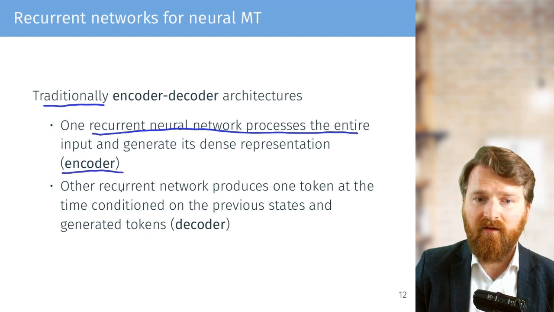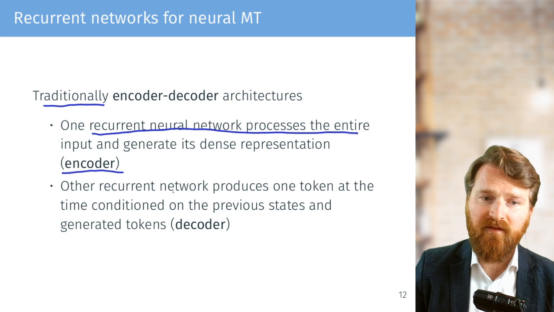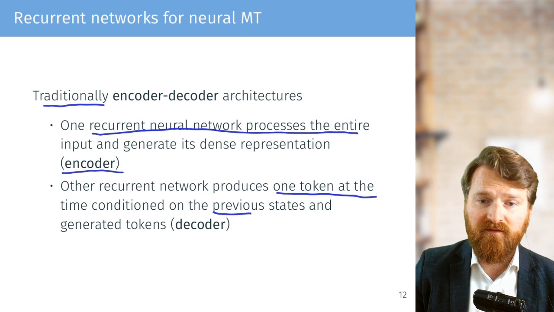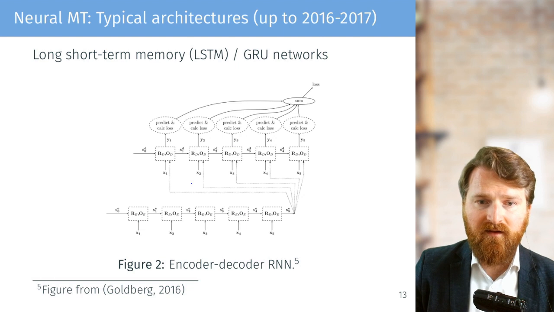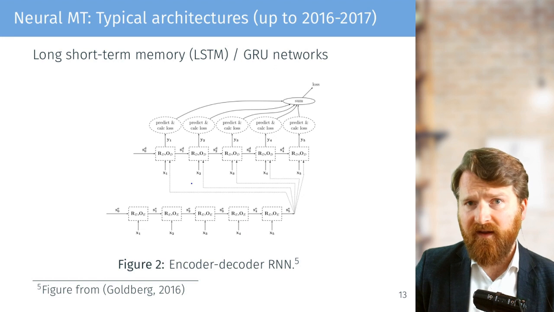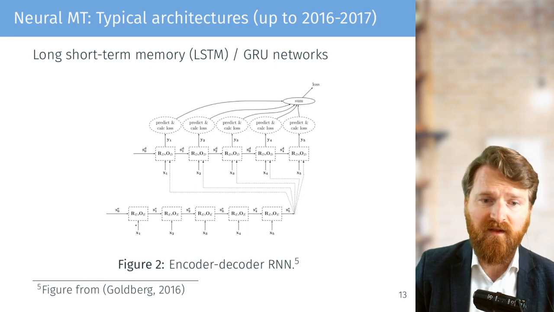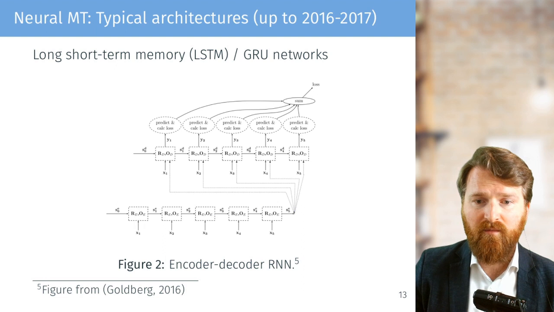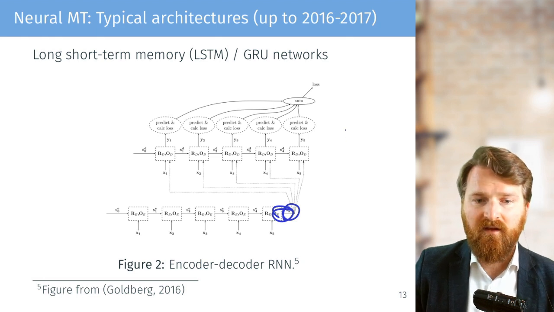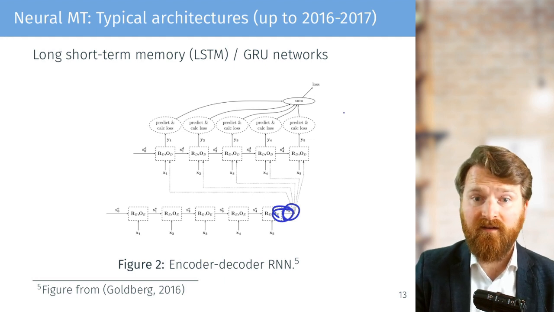And there is another recurrent network that takes this input representation and produces one token at a time, conditioned on the previous states, and generates tokens. This is the so-called decoder. And here we have a very standard abstract depiction of this architecture. We have the encoder, which takes all these inputs and produces the dense representation here, and then it's going to generate the tokens. So this is a standard recurrent neural network encoder-decoder architecture for machine translation.